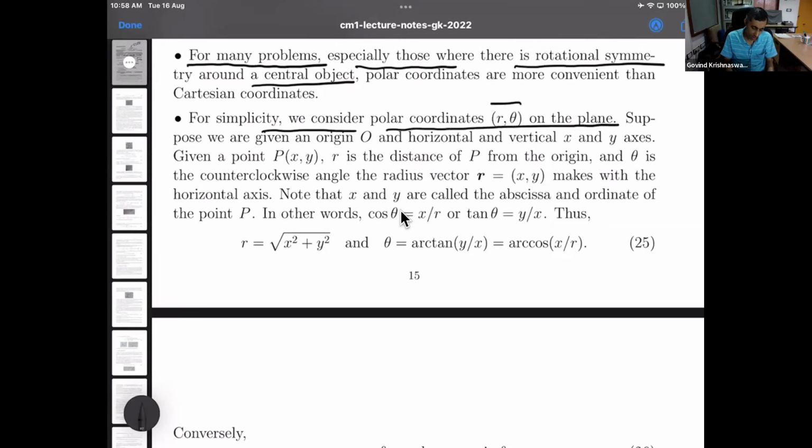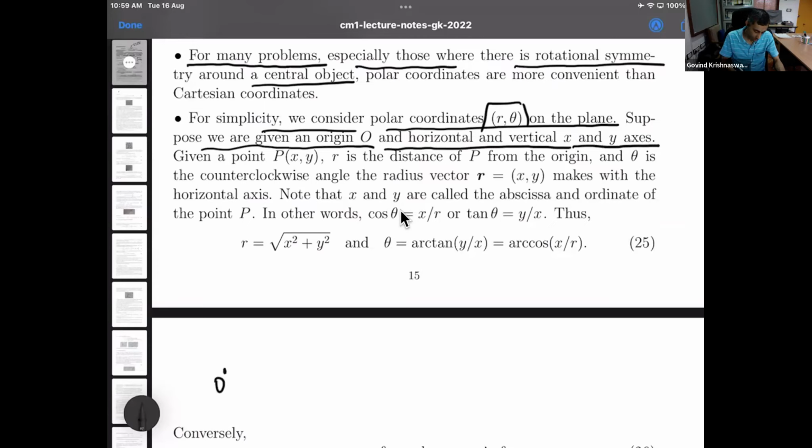Now, these are called r and theta. Suppose we are given an origin O, so that's very important. That origin is usually located at the central object, which is regarded as a point, or at each center. This may be the sun or the nucleus or the point source of other things. So given an origin O and Cartesian coordinate axes X and Y, let me draw a picture.